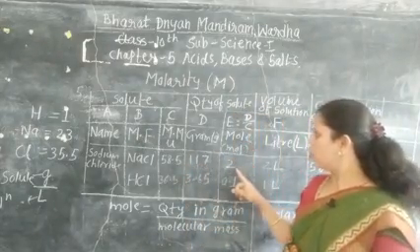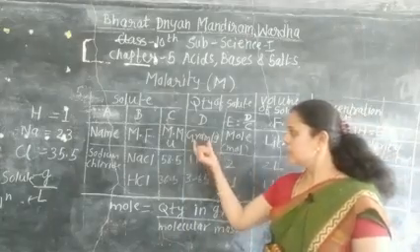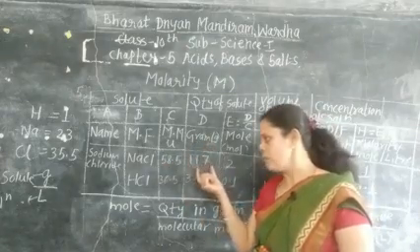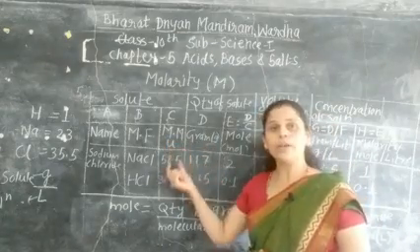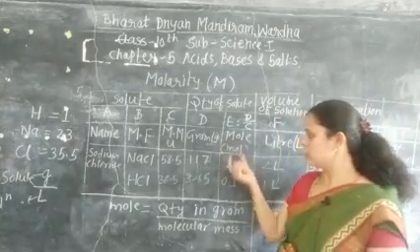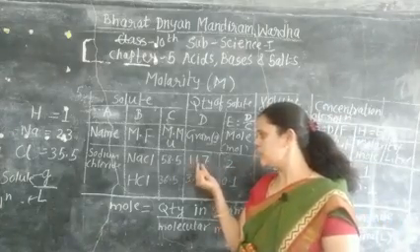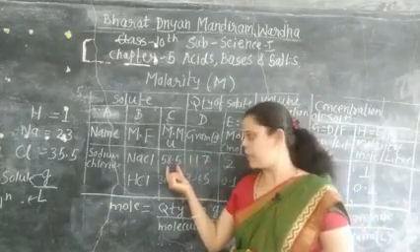Then mole means the quantity in gram divided by the molecular mass. So calculate the mole: 117 divided by 58.5.